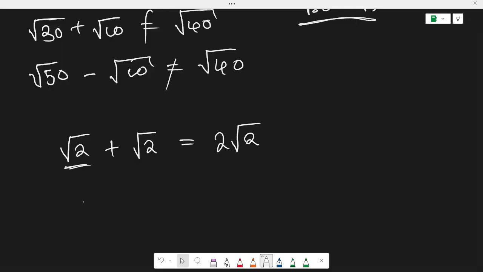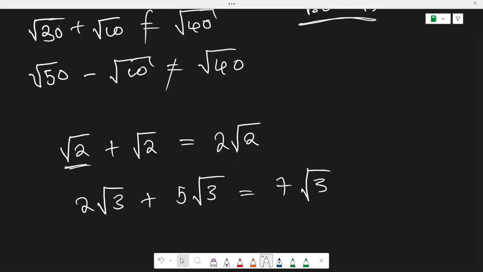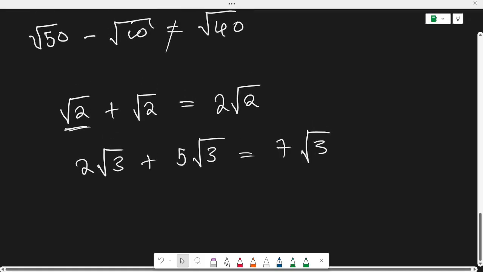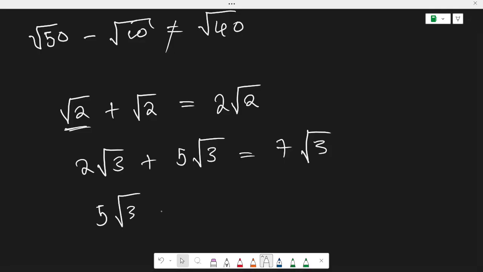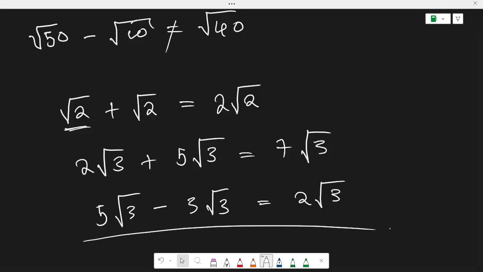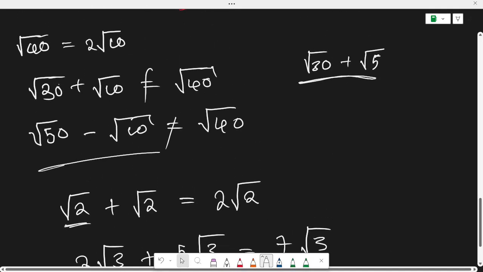Let's say maybe you have 2 root 3 plus 5 root 3. This works. You can add, you get 7 root 3. It goes the same way for subtracting. You can say 5 root 3 minus 3 root 3 is going to give you 2 root 3. It works like that, but not in this way.